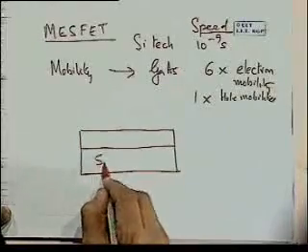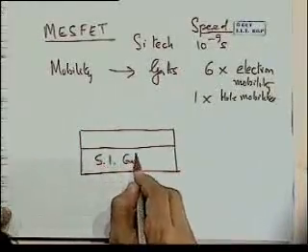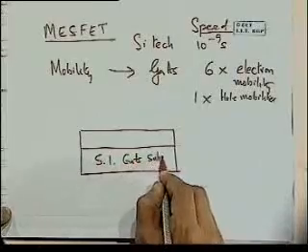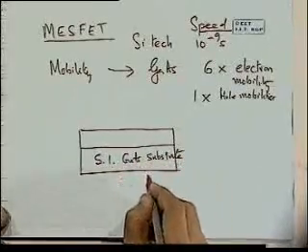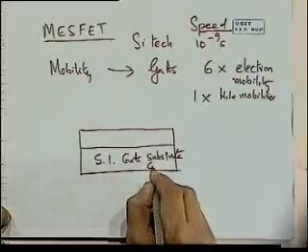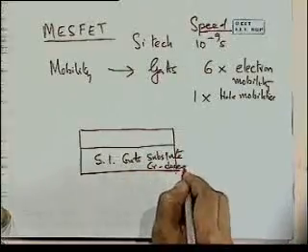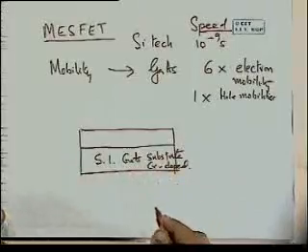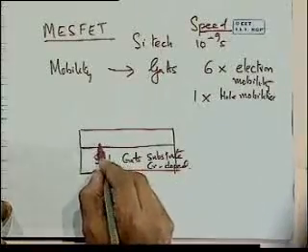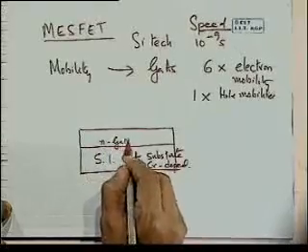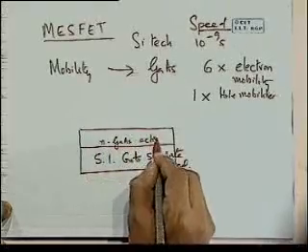Basically, we make use of a semi-insulating gallium arsenide substrate. By semi-insulating, we mean it has a very high resistance. It's chromium doped. Chromium introduces some levels that cause it to become semi-insulating. And on top, we have an n-type gallium arsenide active layer.